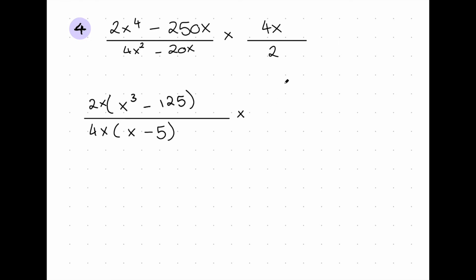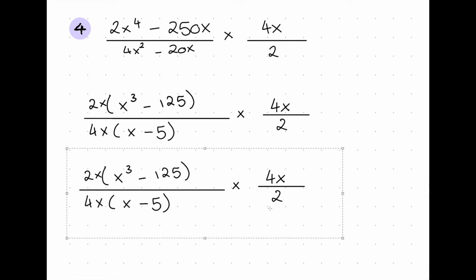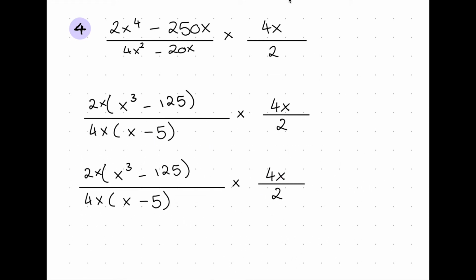On the top here, there's no second part to the term or the expression, so I'm just going to leave it as 4x for now, all over 2. And what I would do next is ask myself, is there more that I could do with that? And actually, if you take a look, there's an x cubed minus 125. That is actually, and could actually be represented as x cubed minus 5 cubed.